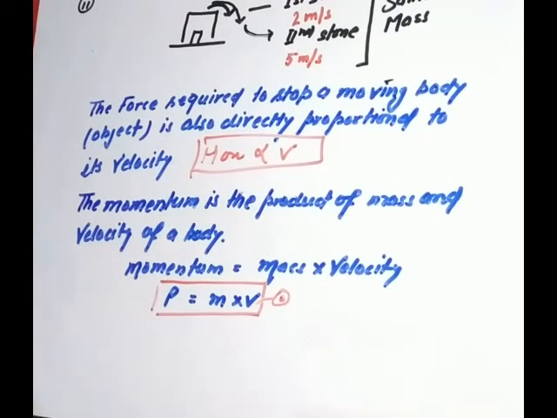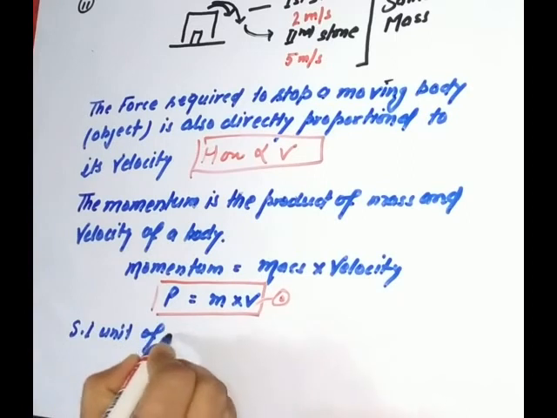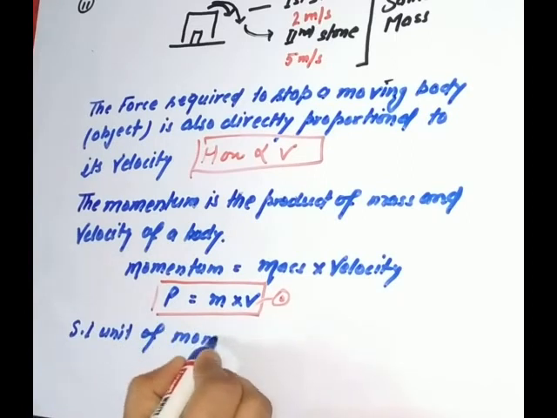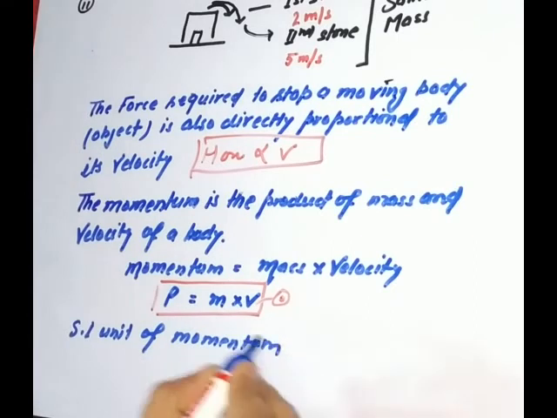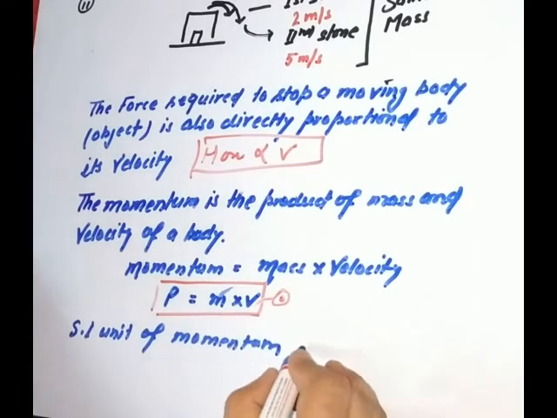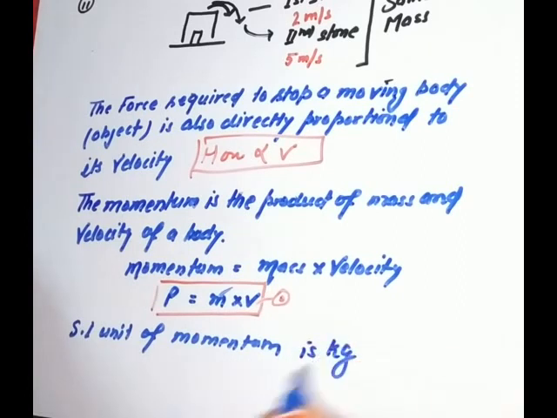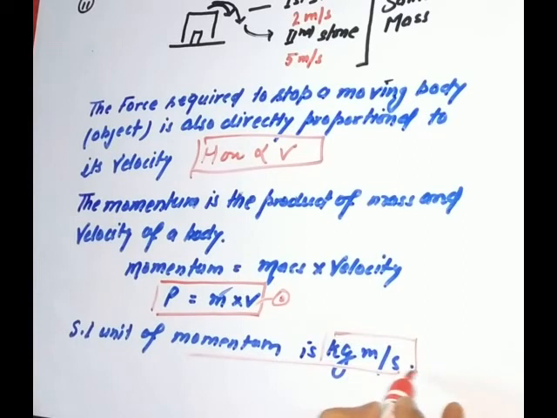The SI unit of momentum: for M we use kilogram, and velocity is meter per second, which we already know, so the unit is kilogram meter per second. It is the unit of momentum.